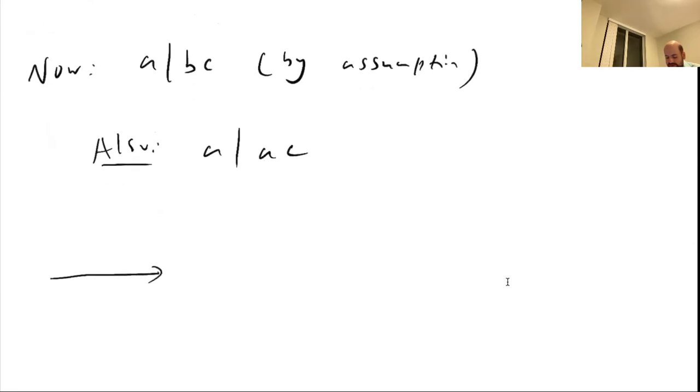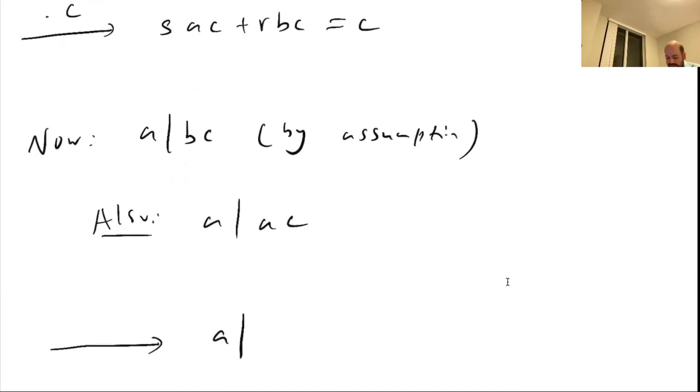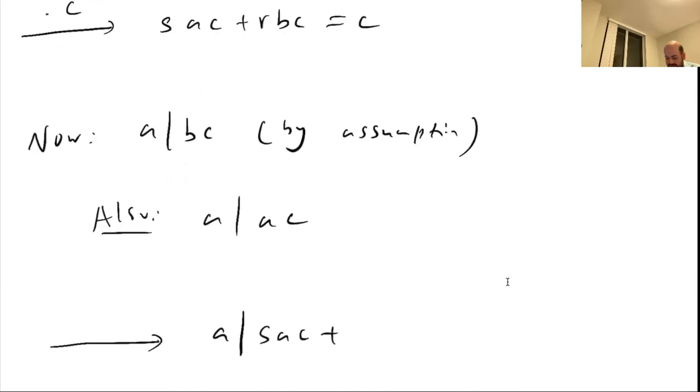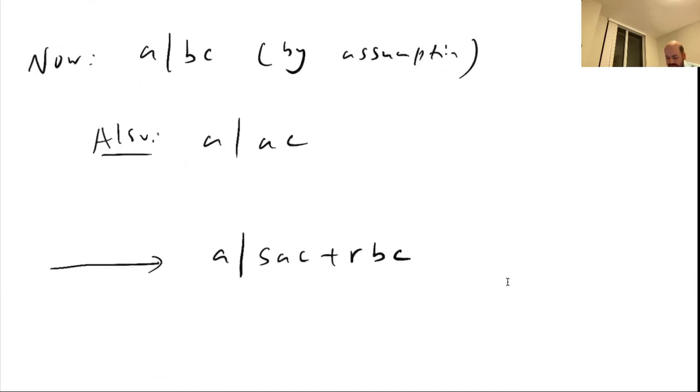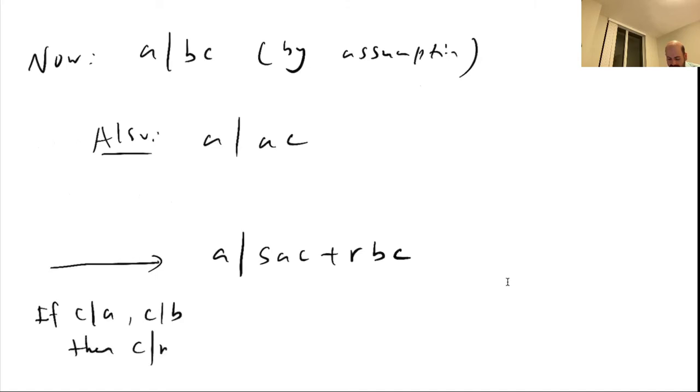That means A divides SAC plus RBC, because of the property that said if C divides A and C divides B, then C divides MA plus NB.